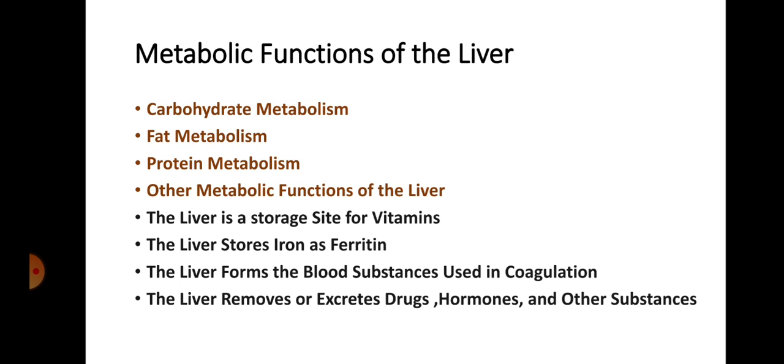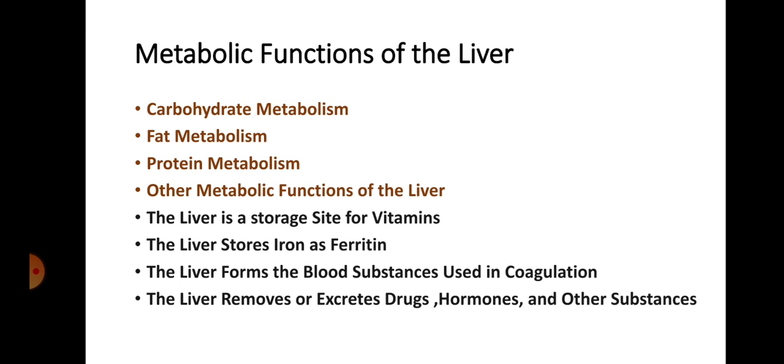This can enter the citric acid cycle and be oxidized to liberate tremendous amounts of energy. Beta oxidation can take place in all cells of the body, but it occurs especially rapidly in the hepatic cells.